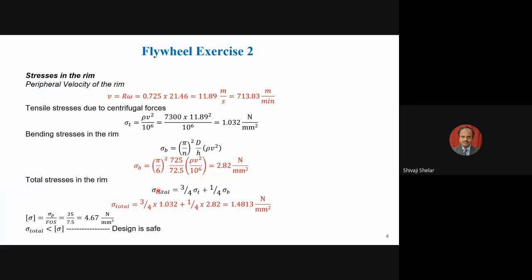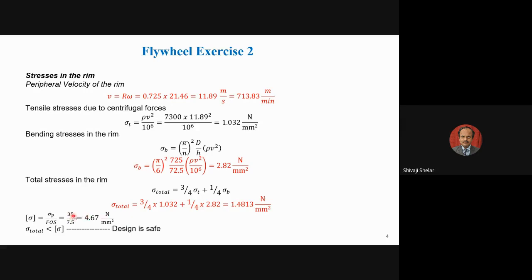Okay, so let's take the values: sigma T is 1.032 Newton per millimeter square, sigma B is 2.82, and sigma total, based on this formula, is 1.4813 Newton per millimeter square. Now let's take the permissible value for the cast iron material, sigma permissible upon factor of safety. I am taking the sigma total right now.